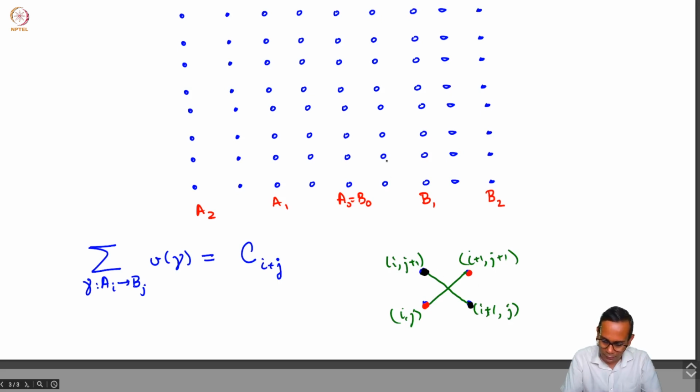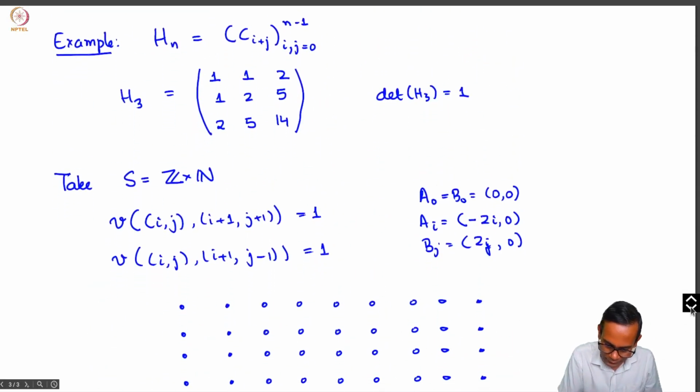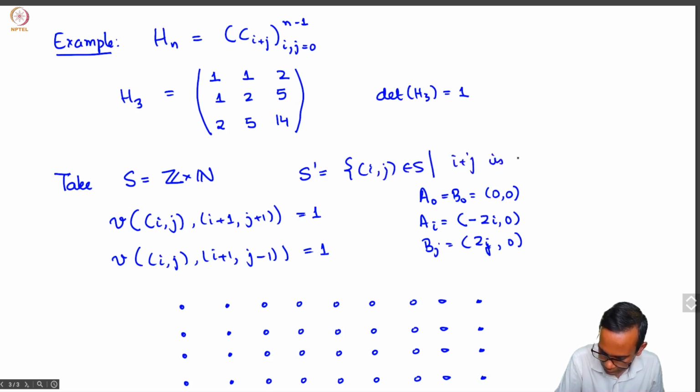But when we look at a path from Ai to Bj, if a path takes a northeast step, then the parity of the sum of the coordinates doesn't change. Same if it takes a southeast step, the parity of the sum of coordinates does not change. And here we are starting with and ending with only points with i plus j even. So this whole thing is actually not happening in the integer lattice, but in a subset of the integer lattice S prime, where (i, j) in S with i plus j even.